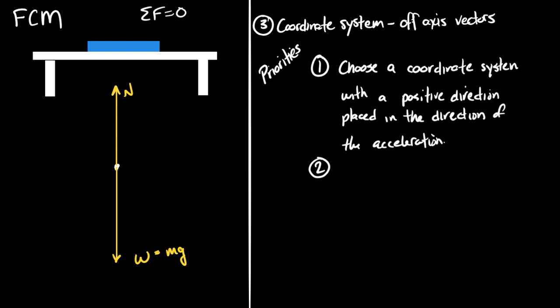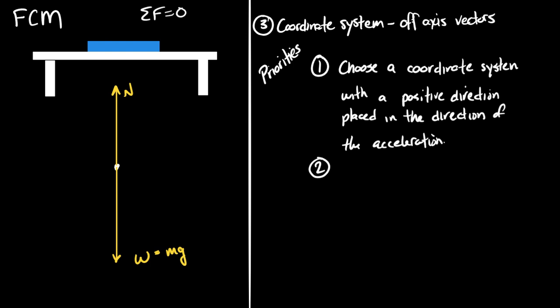That is the first priority. If your system is accelerating, it has to be the positive x or the positive y direction. I would strongly encourage you to do it this way, because if you don't, it becomes very difficult to solve the problem, because it means your acceleration is not along a coordinate direction. If your system's not accelerating, you don't have to obey that priority.